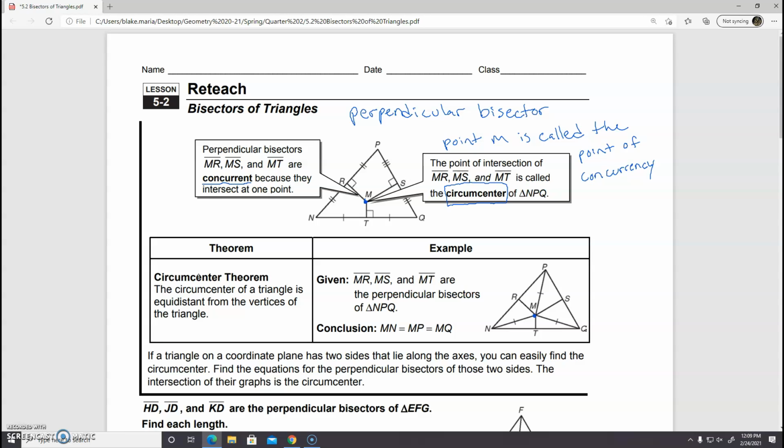That's what this theorem is telling you. If you have a bunch of perpendicular bisectors, they're all going to cross at the circumcenter, and that circumcenter is equidistant to every vertex of your triangle, every corner of your triangle. So let's actually use it.